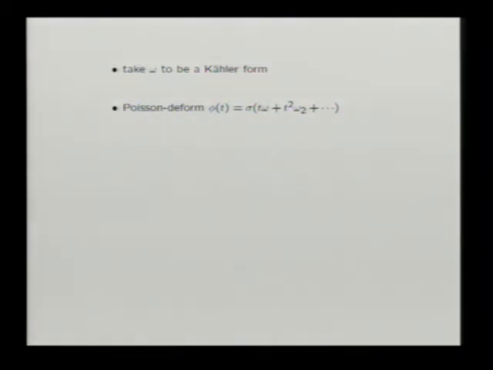Okay, there are all sorts of terms here, but this is a 1-1 form, and it starts with t times the given form. And you can show that if t is real, these other omegas are real as well.